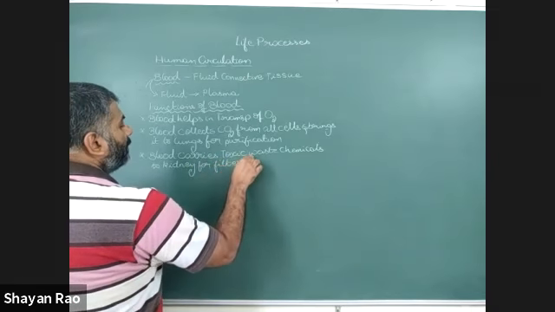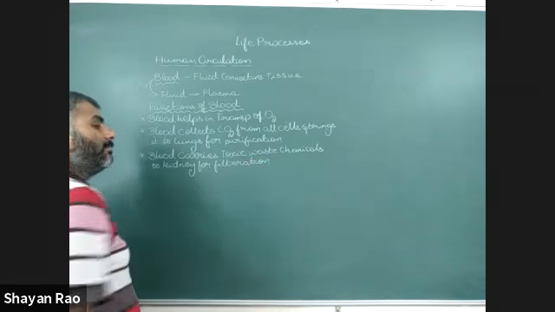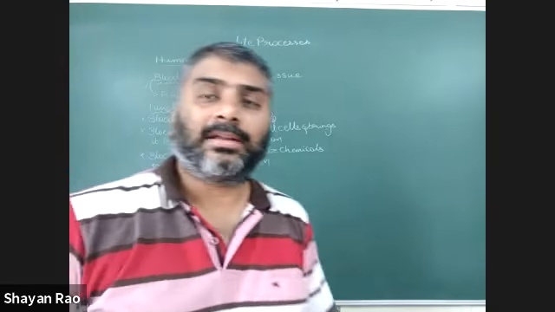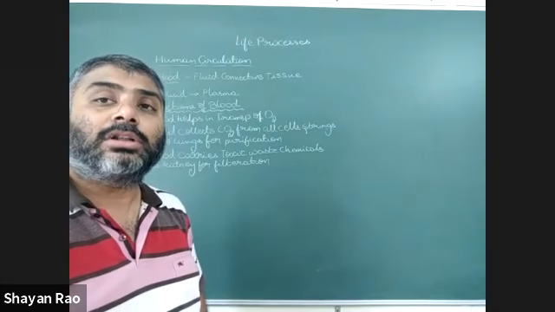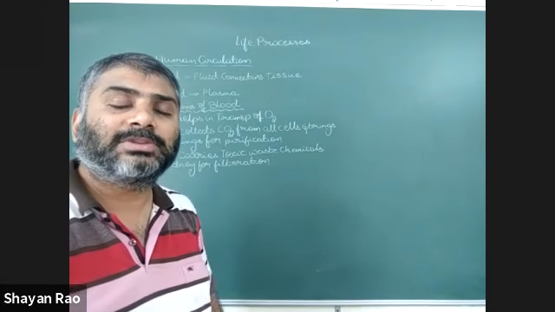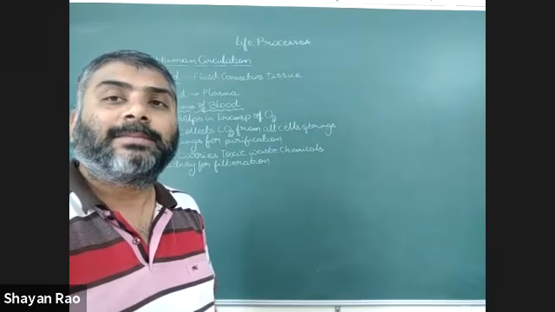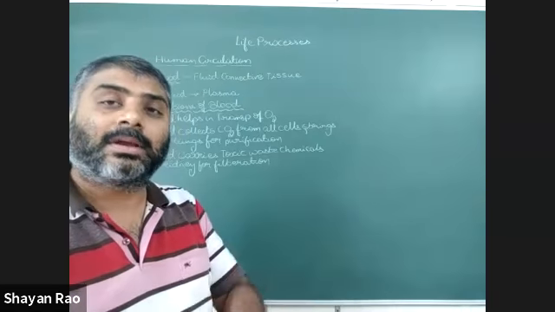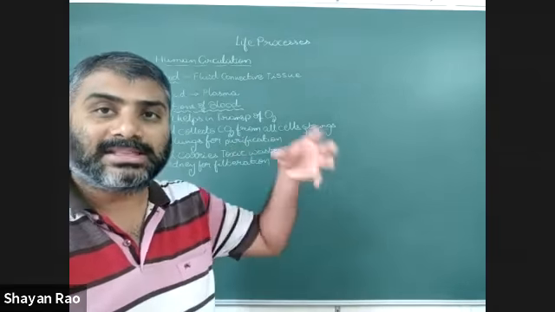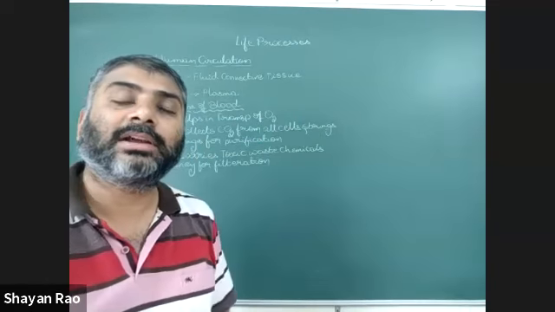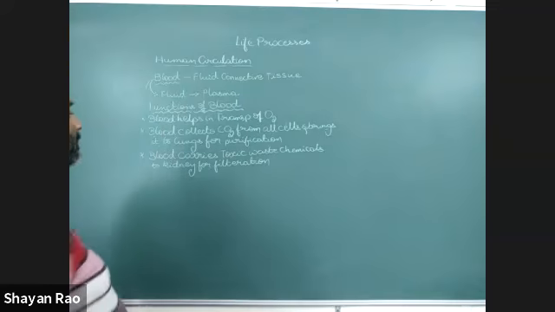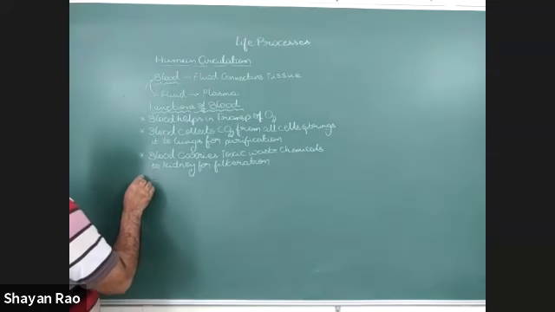Every day, various nitrogenous waste chemicals are produced. All those nitrogenous waste chemicals produced in the body are secreted into the blood. Blood will carry that, not to the lungs, sorry, to the kidney for the purification activity so that there is formation of urine. So that's the third function.